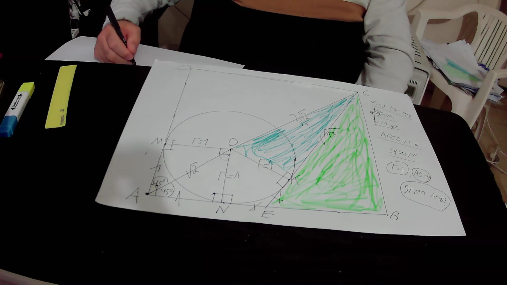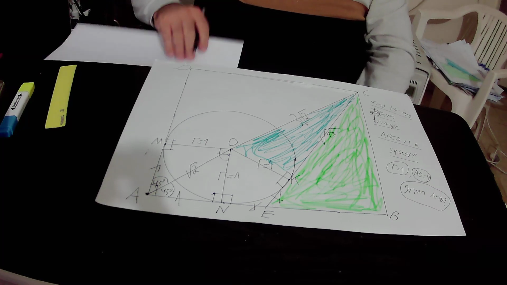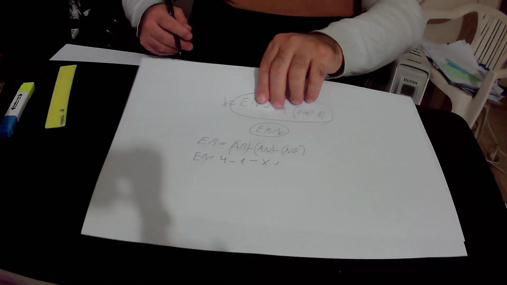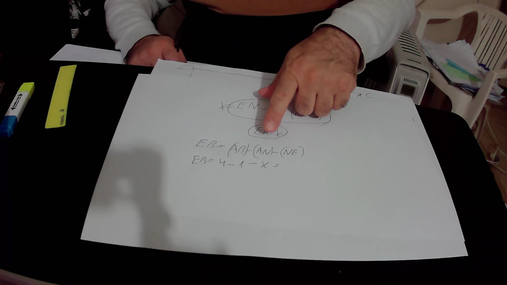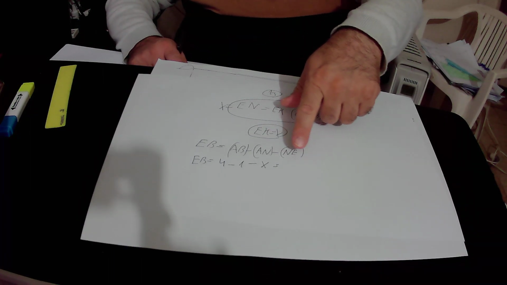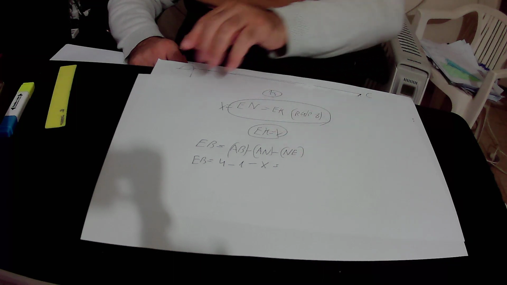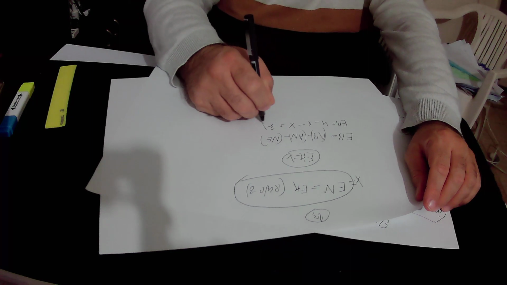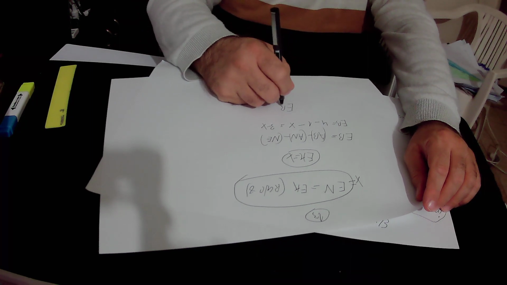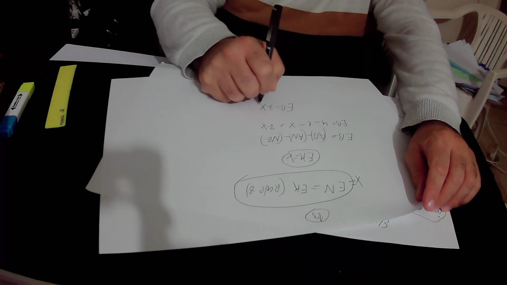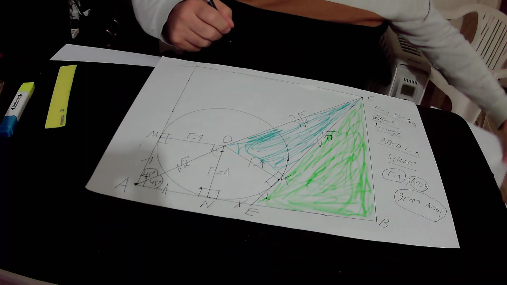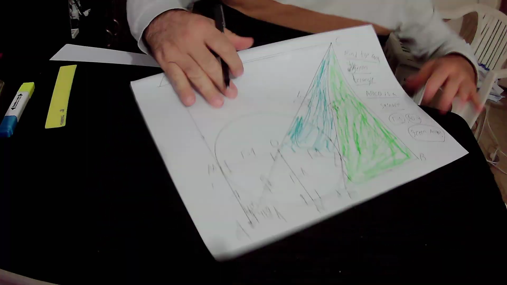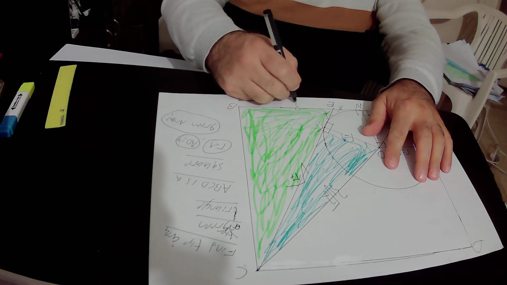So in conclusion, we found out that BE equals 4 minus 1 minus X. 4 minus 1 is 3. So EB equals 3 minus X.